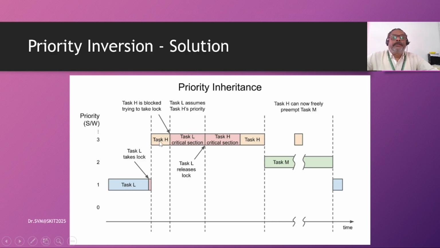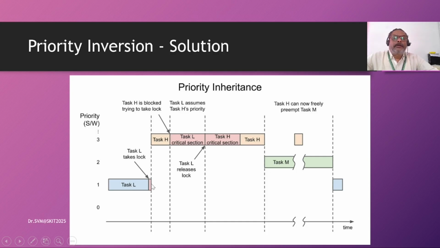Here what happens is the task begins its execution. Whenever it is allowed, it will start its execution. As long as no high priority processes are available, the low priority process can continue its working. It starts its execution, and this part of the execution is a non-critical section.